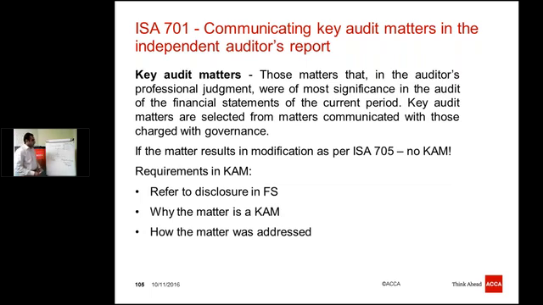Now, what would happen in another case? I believe that there is an inventory in the balance sheet, and I have verified that inventory, and it is 100. However, there is a risk that the inventory could be overstated.